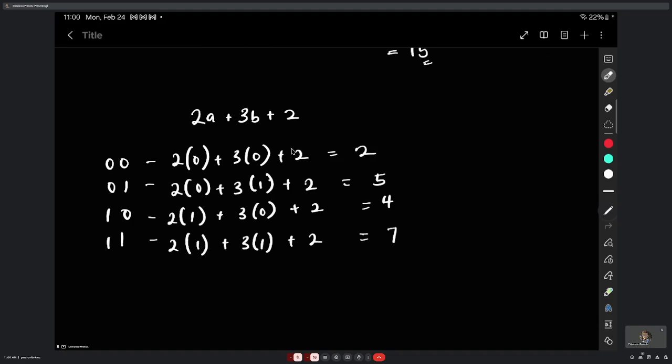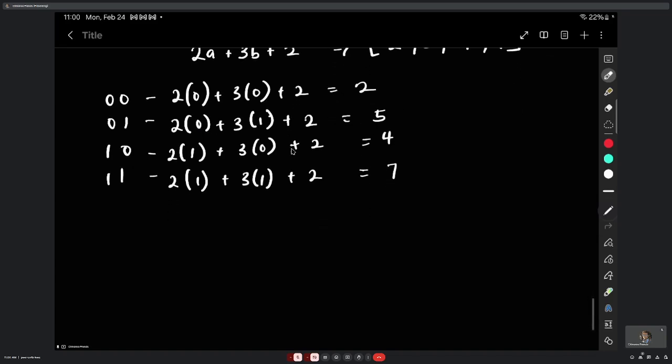So our polynomial in evaluation form is 2, 5, 4, 7. Right? Okay.